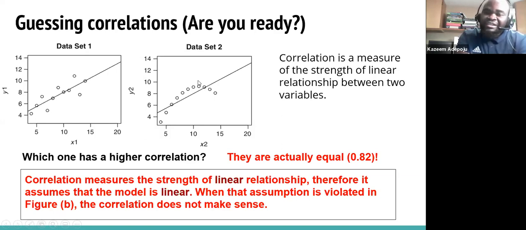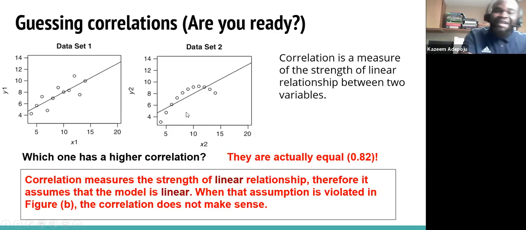Even if I use R to compute the correlation between Y2 and X2, you're still going to have 0.82, and when you do that for this data set, you're still going to have 0.82.